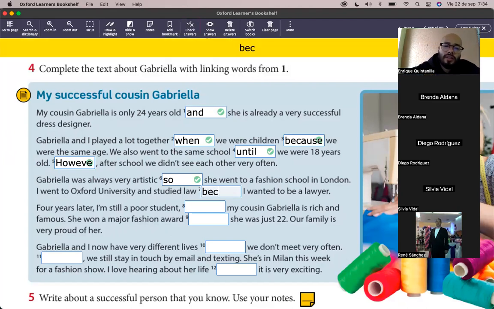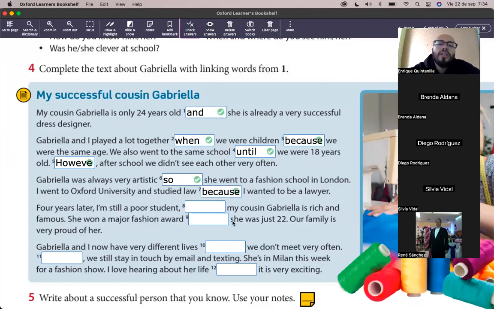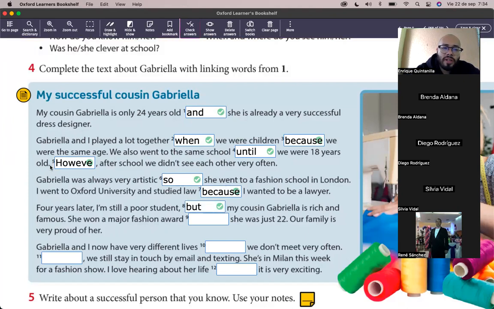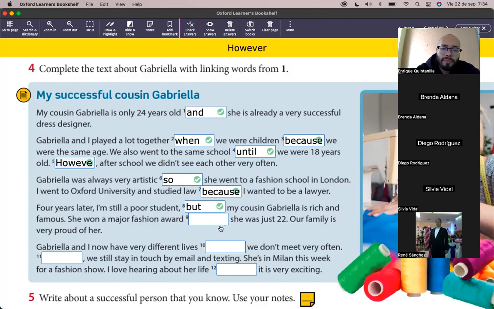Because, correct. I'm still very poor, but it's much better. But remember, however, it's more formal. Period, y comma. But it's just a comma or no comma.